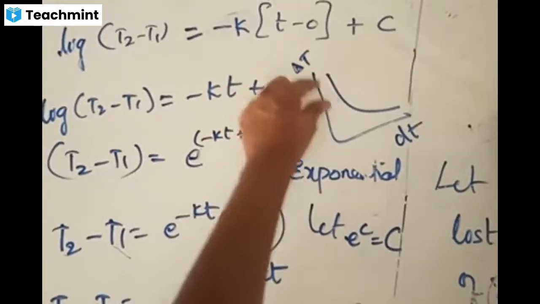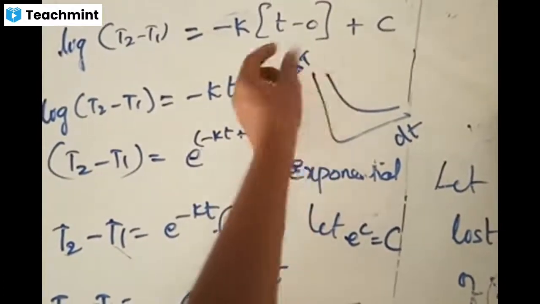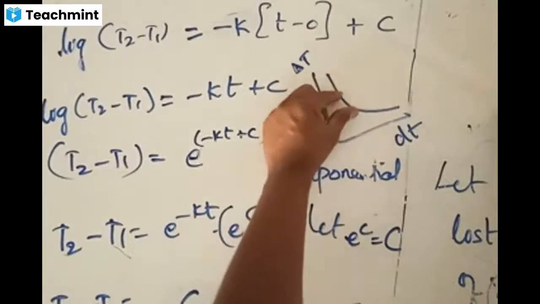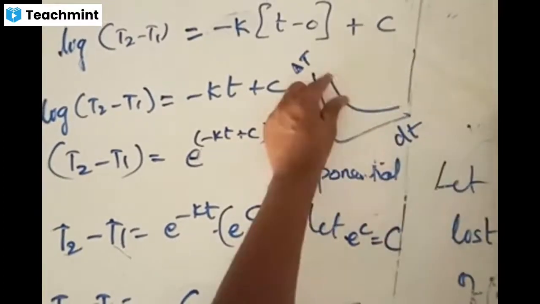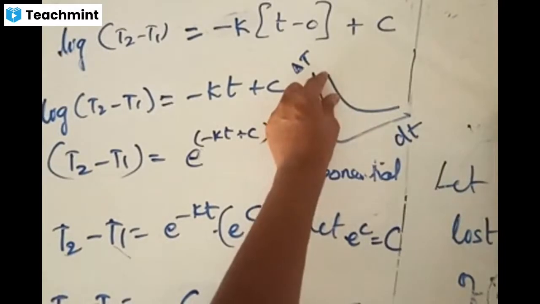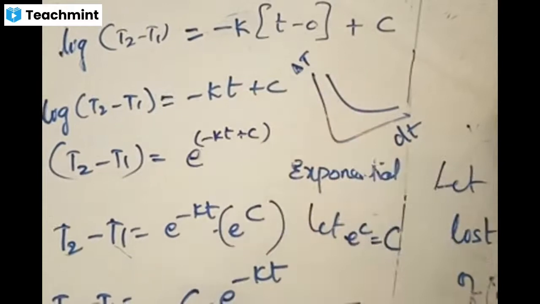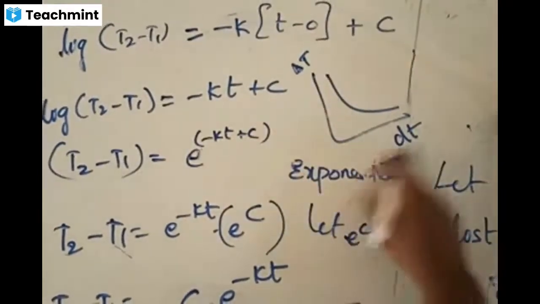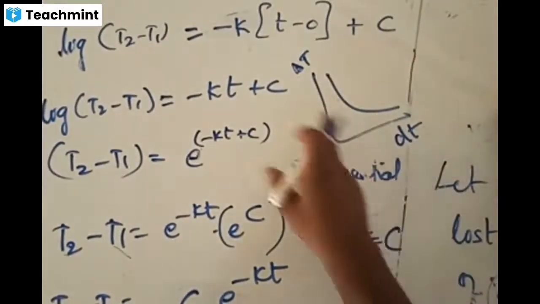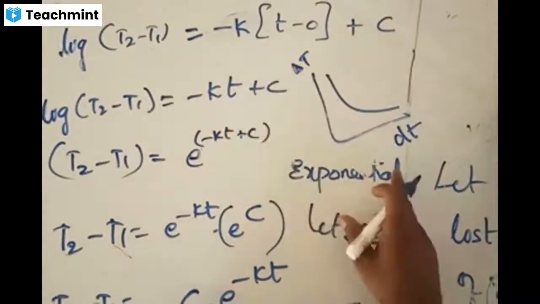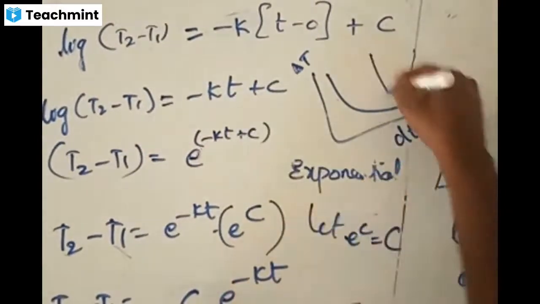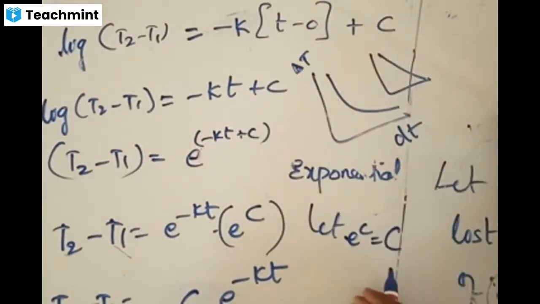It depends upon the temperature difference at that instant of time. The change of temperature is not varying uniformly for the same time interval, so you should get a graph like this.